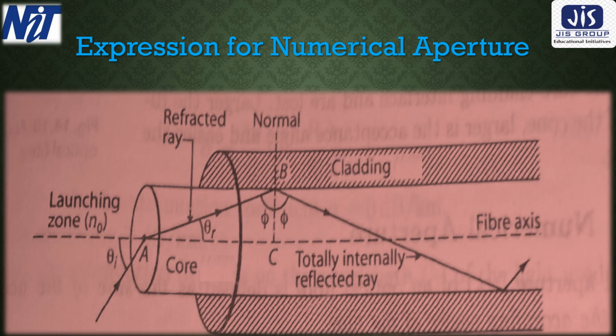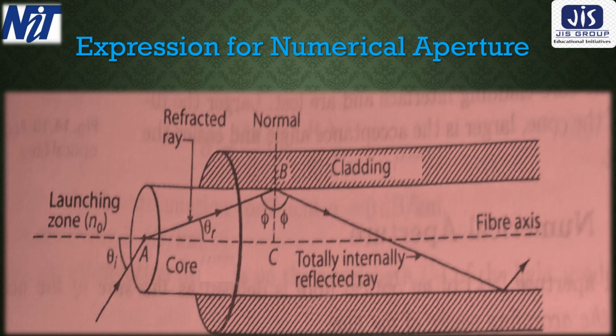If we drop the perpendicular from point B to the fiber axis, then we will get a normal BC. Now if angle ABC, which is the angle of incidence, is greater than the critical angle determined at the core cladding interface, then the ray will be reflected back in the core medium. This is called total internal reflection.